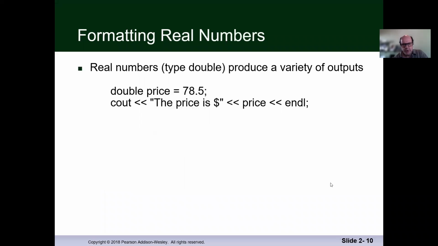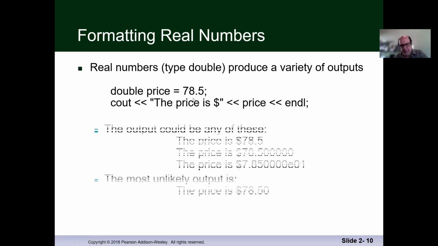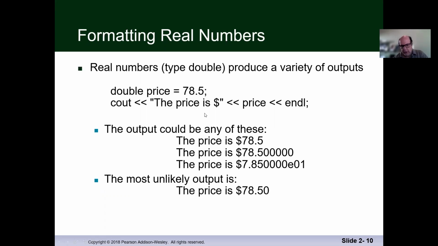Now, one more thing that we have to do is when we have things in double, the decimal point, the precision of it, is not always the same. Meaning that if I print something in double, it can print like 78.5, or it can print 78.500000, or it can print 7.85000 E01.